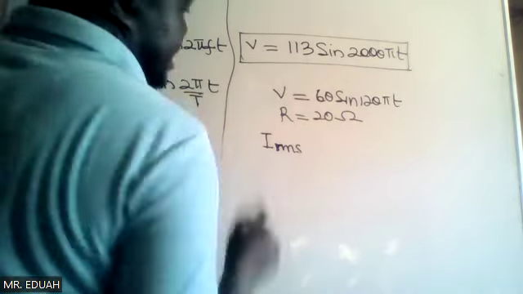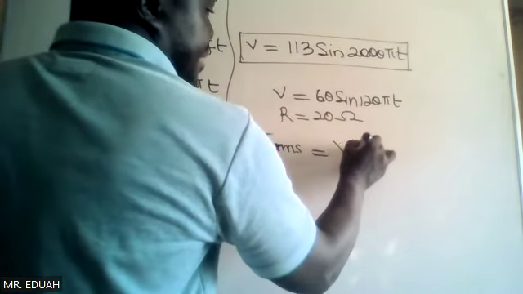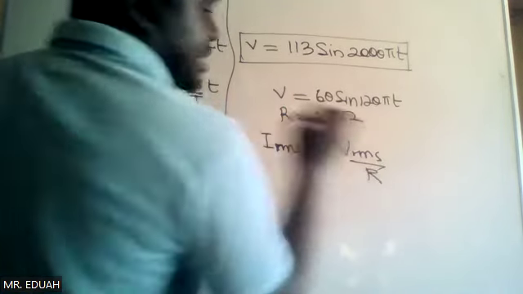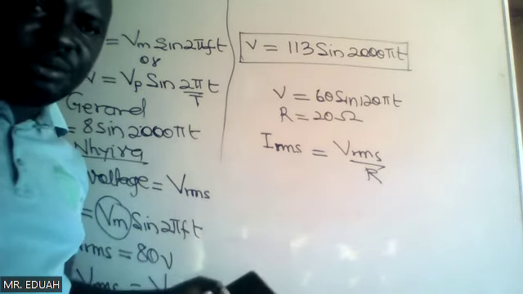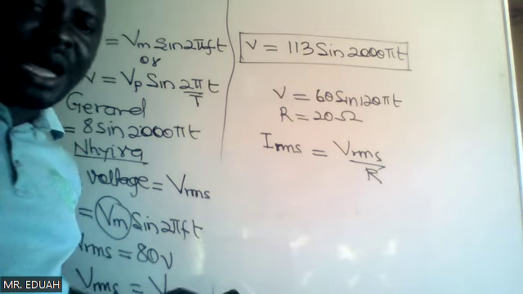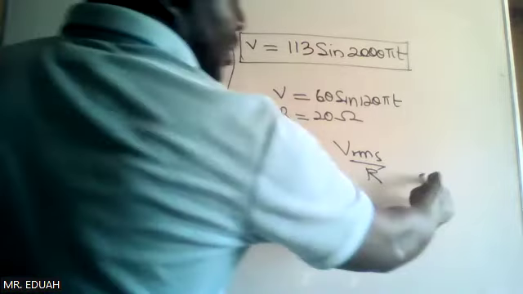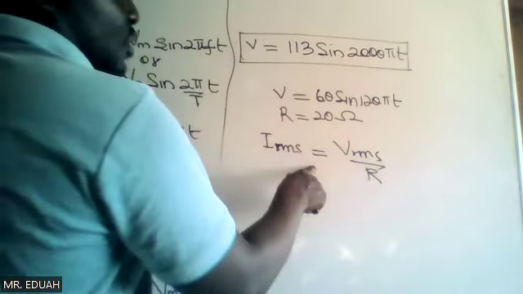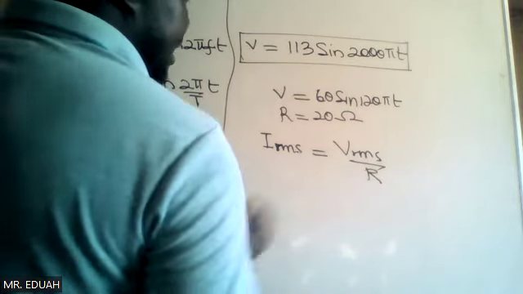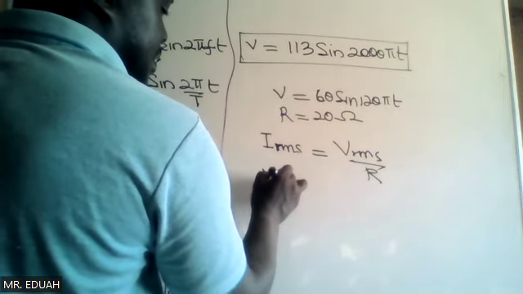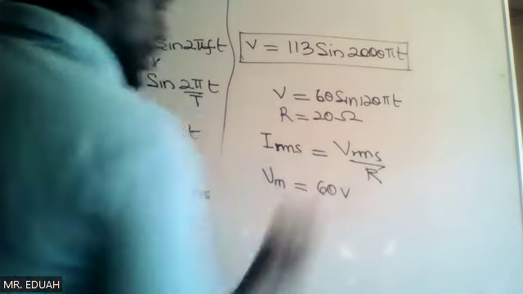Now, the RMS current is equal to VRMS over resistance. The voltage must be in terms of RMS value. So from Ohm's law, V is equal to IR. So VRMS must be equal to IRMS times resistance. From the equation, I can find the peak or the maximum value of the voltage, which is 60 volts.